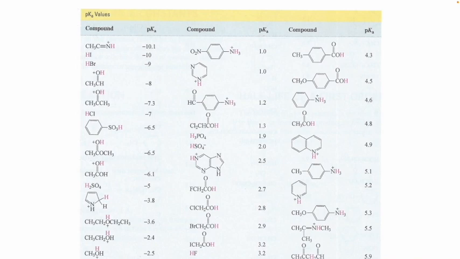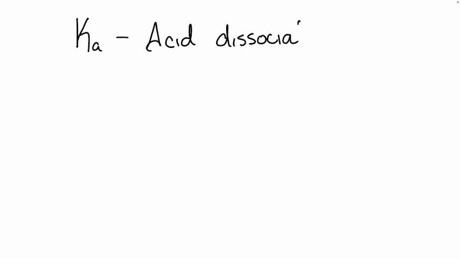And we can determine which is the stronger acid based on these numerical values here. We can numerically compare these things. All right? So let's make sure we know how to use this. So first of all, let me just remind y'all, you would have learned in Chem 1B about the acid dissociation constant Ka.